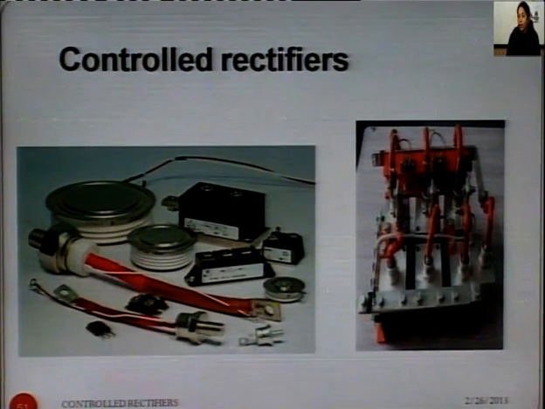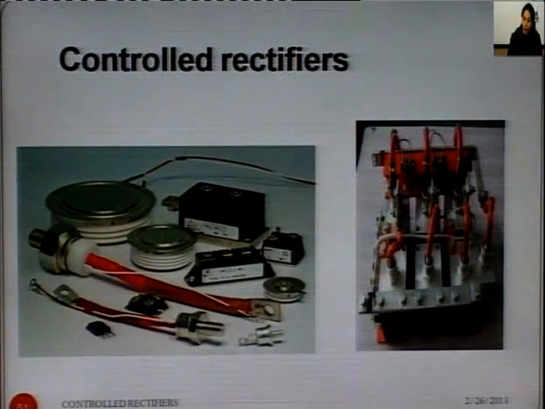Up to here we have discussed controlled rectifiers in various configurations. We discussed the controlled and uncontrolled rectifier concepts, their differences, and why we call them controlled rectifiers. Then we have various classifications of rectifiers.